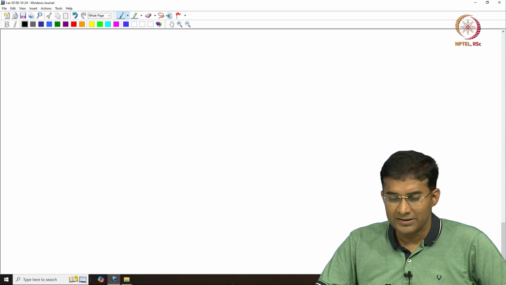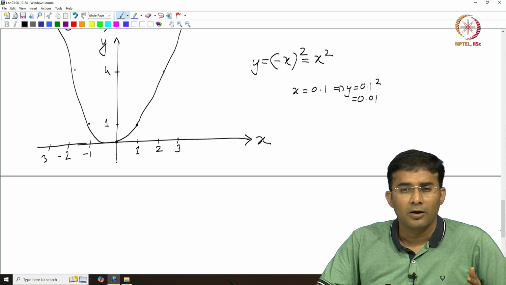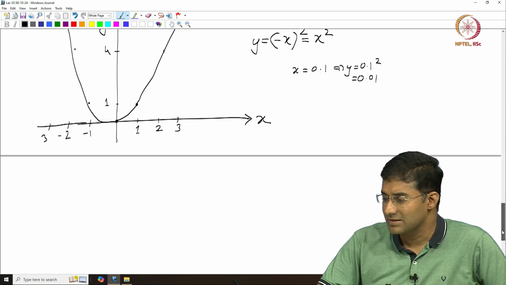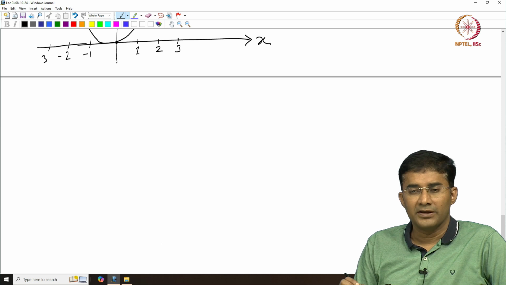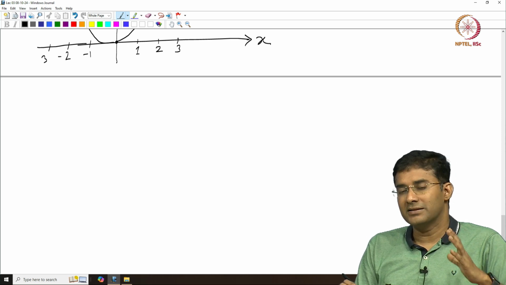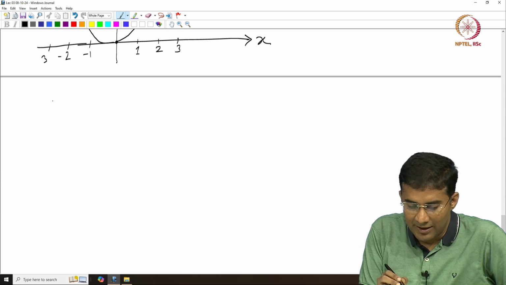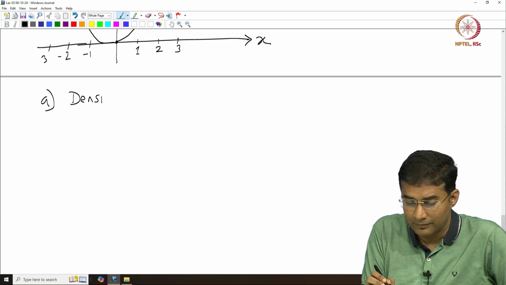Now let us think of an ecological context where a quadratic equation makes sense, is useful. Again, let us go back to the example of density dependent and density independent populations. In fact, I would take the example of density dependent population.